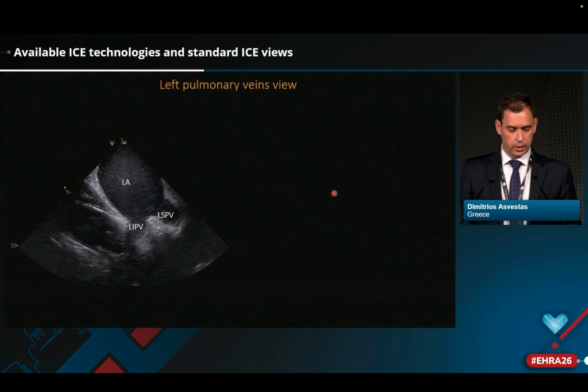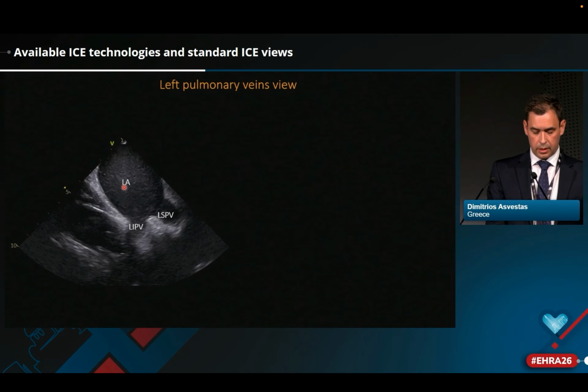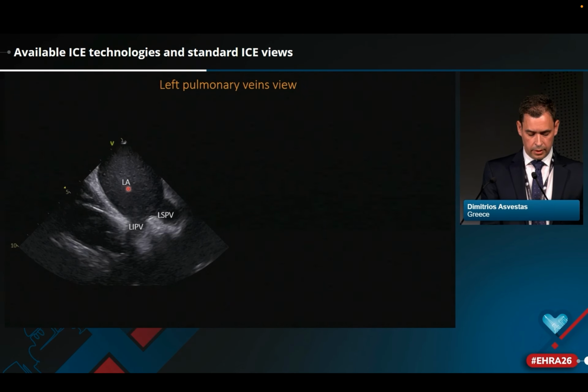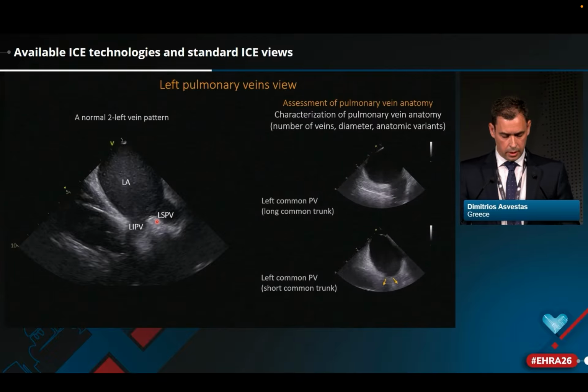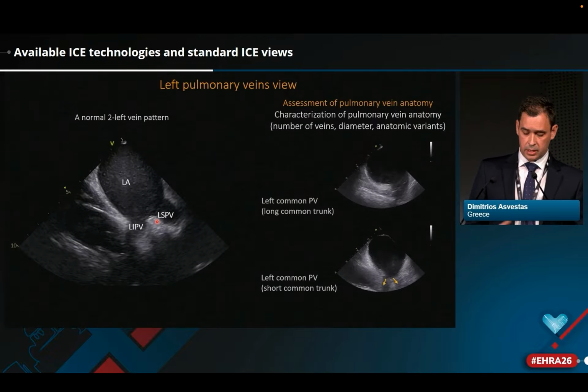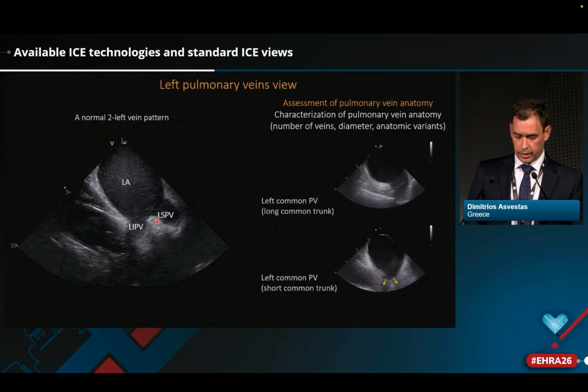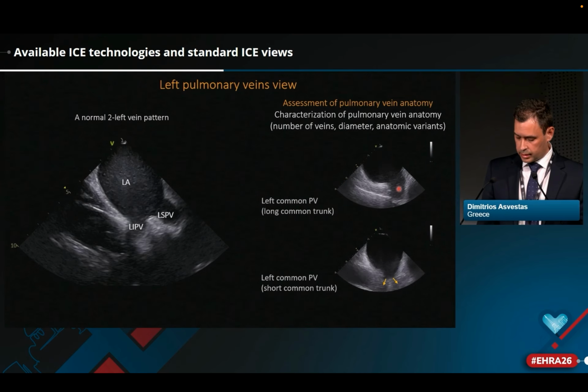More clockwise rotation shows the left atrium and left pulmonary veins. And this view is essential for assessment of left pulmonary vein anatomy to observe whether there are two separate veins or there is the presence of a left common pulmonary vein to guide AF ablation strategy.